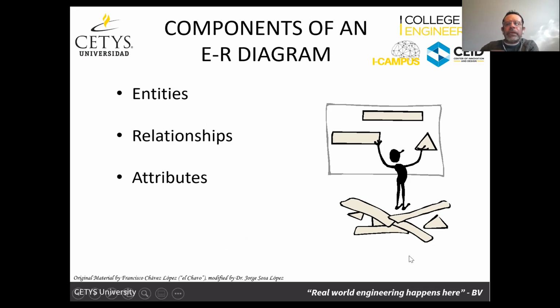Now, what do we need to know about an ER diagram? We need to talk about three things: entities, relationships, and attributes. And we had already talked about entities and attributes previously. We hadn't really talked about relationships yet. And now I want you guys to forget what you answered in the COVID-19 example, stage 1, when I asked about entities.